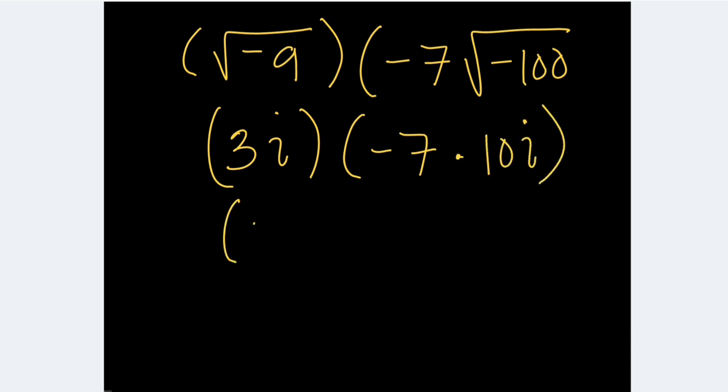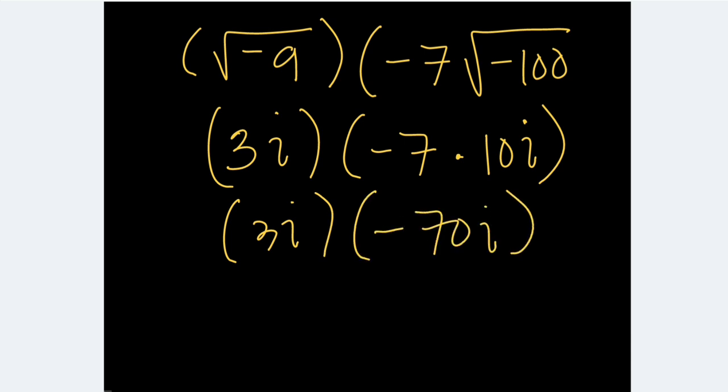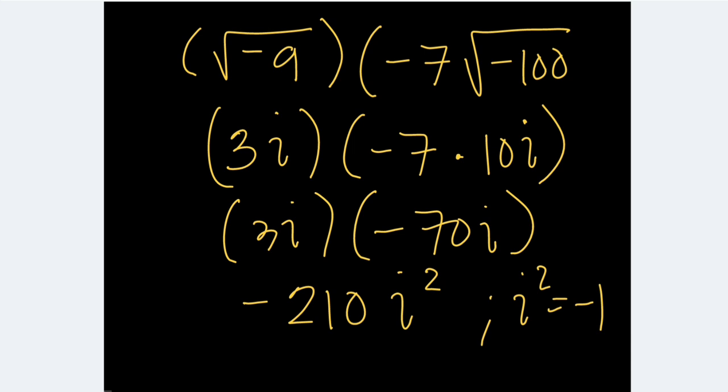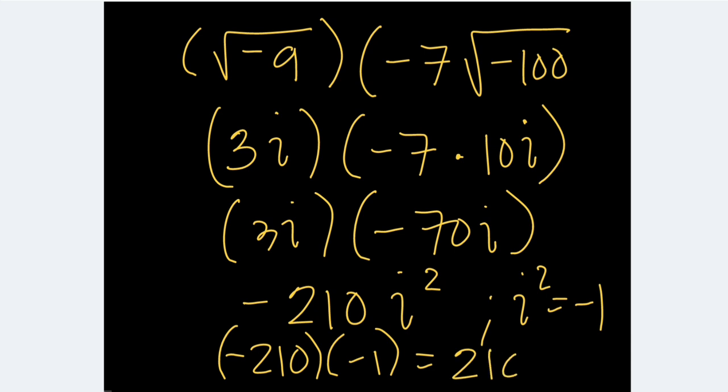So this is 3i times negative 70i. So 70 times 3, that is 210. So this is negative 210. i times i is i squared, and i squared is equal to negative 1. So this is negative 210 times negative 1, which is just equal to 210.